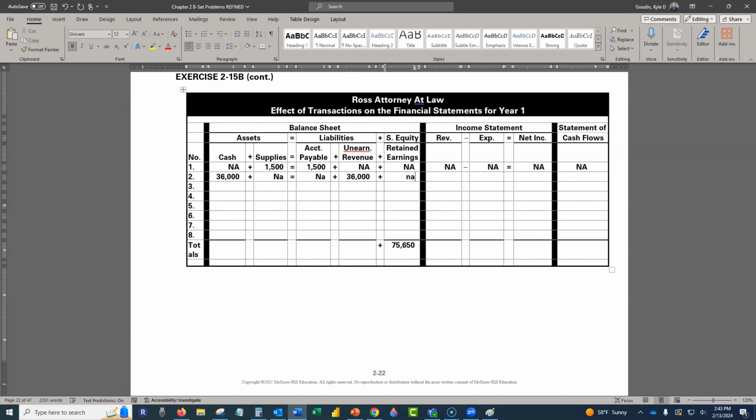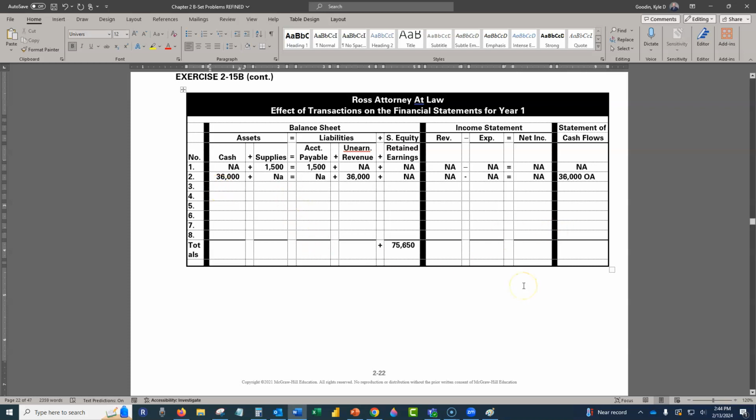And retained earnings was not impacted. Remember, we do not have any revenue yet. We do not have any expense yet, so there is no impact on retained earnings. Here we'll again see there is no revenue, there is no expense, so there is no net income impact. And this was simply a $36,000 inflow in operating activities.